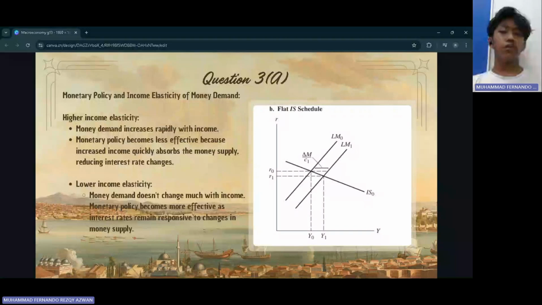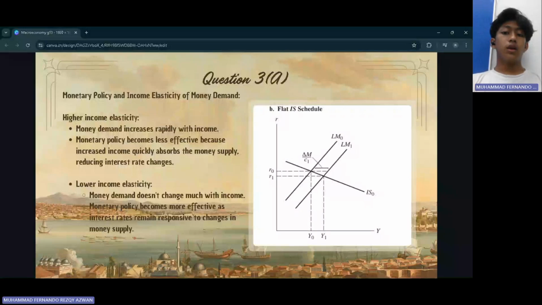So, if money demand is highly sensitive to a change in income, an increase in income caused by an expansionary monetary policy will lead to a larger increase in the demand for money. This reduces the impact of monetary policy on interest rates because the money supply is quickly absorbed by the increased demand, and as a result monetary policy becomes less effective.